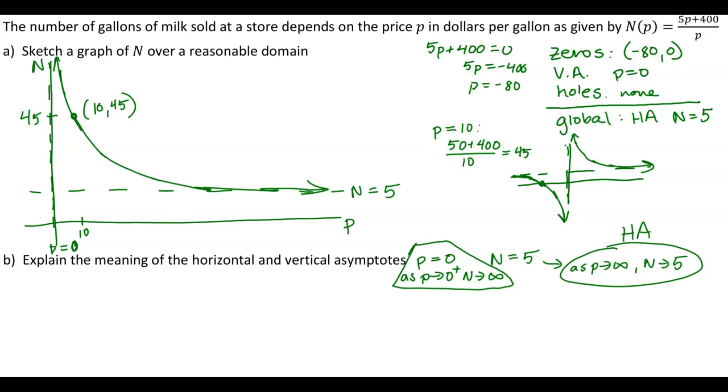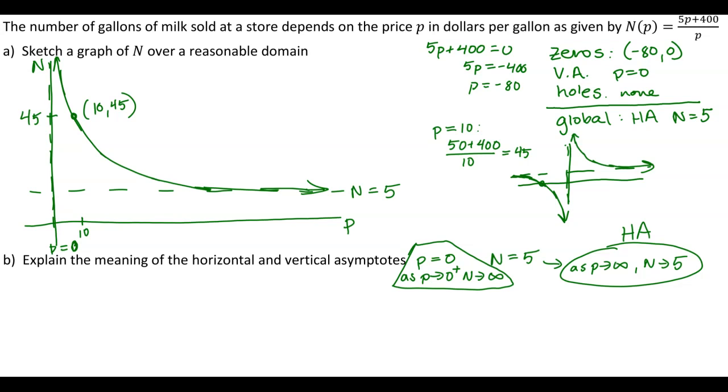It's saying even as milk gets very, very expensive, there's apparently 5 people who would still want 1 gallon of milk, or 1 person who would still want 5 gallons of milk. Whatever it is, it's saying even as the price gets outrageous, maybe you've got 5 really wealthy people that are still going to go for it and say, I want my milk, I'll pay a lot for it. So these are the extremes, right? And they might get a little too extreme, but I still think they're giving us some information about this situation.